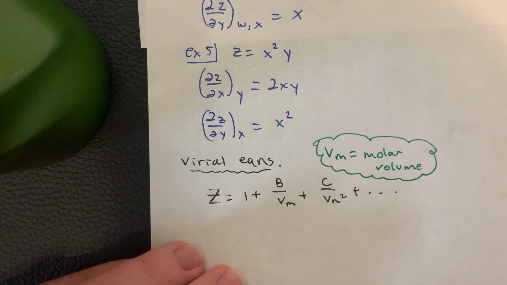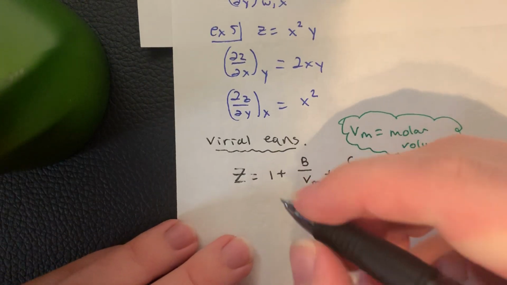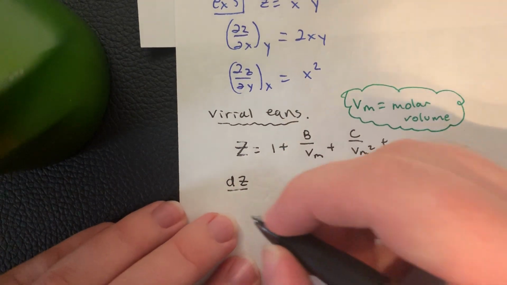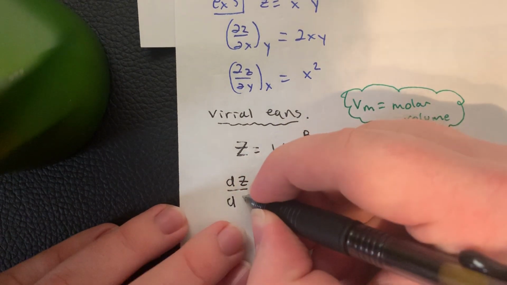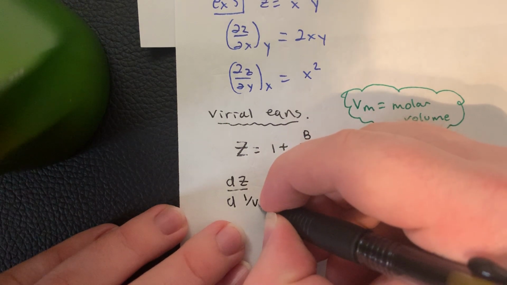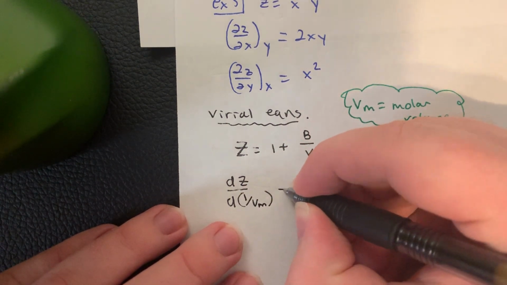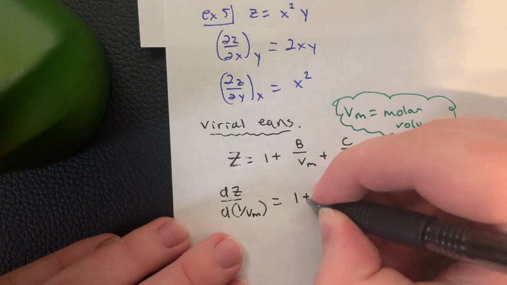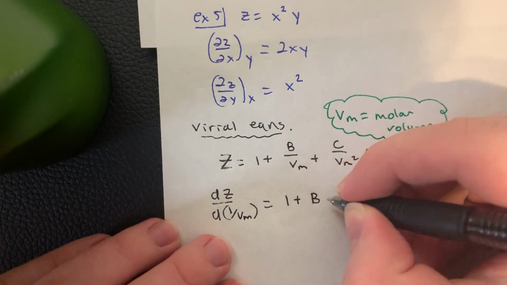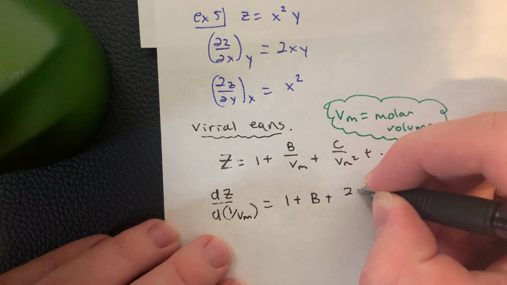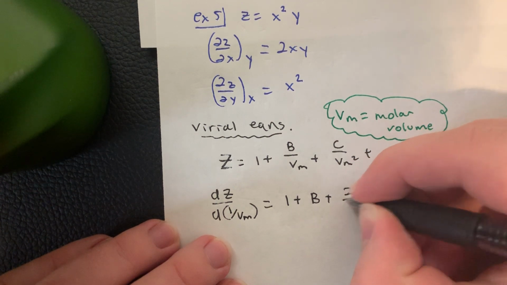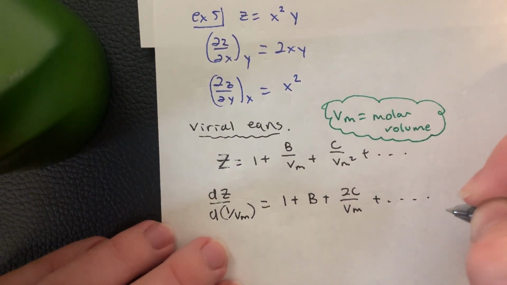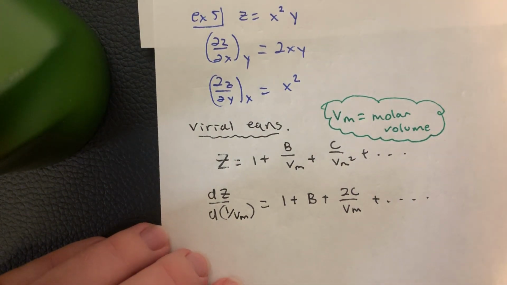So let us actually do this then. We're going to take dz d(1 over Vm). So then the derivative of this is going to be 1 plus b plus 2c over Vm, and so on.